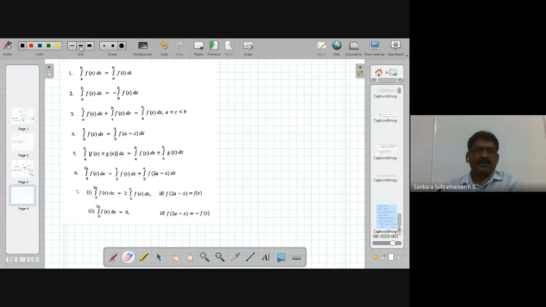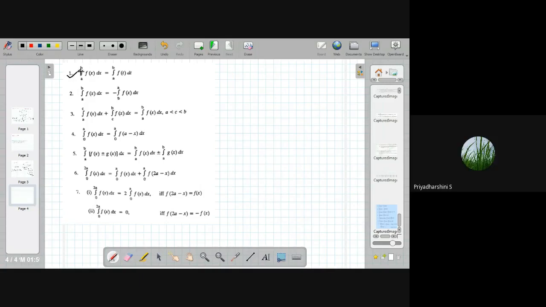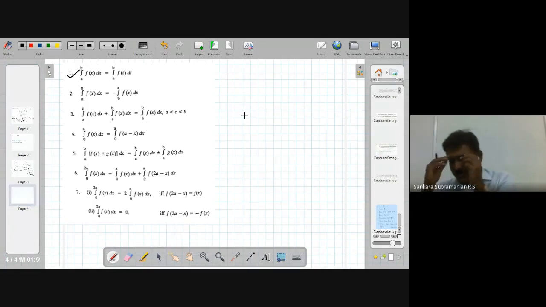All right. What about the second one? Interchanging the limits, sir. Changing the limits. இது வந்து upper limit minus lower limit அப்படிங்கிறது வந்து lower limit minus upper limit அப்படிங்கிற மாதிரி வரும். So this is obviously everyone knows the reason behind it.